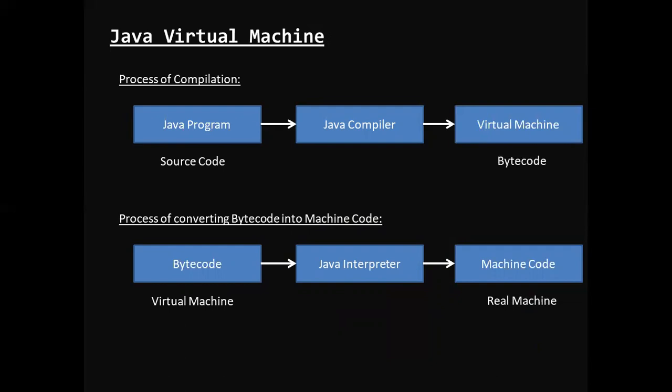It is a simulated computer within the computer and does all major functions of a real computer. The figure illustrates the process of compiling a Java program into bytecode, which is also referred to as virtual machine code. The virtual machine code is not machine-specific. The machine-specific code, known as machine code, is generated by the Java interpreter by acting as an intermediary between the virtual machine and the real machine, as shown in the figure. Remember that the interpreter is different for different machines.